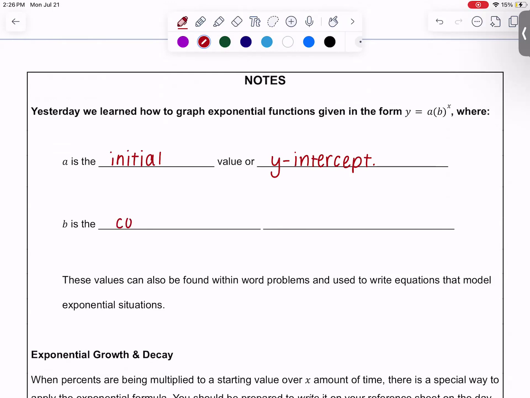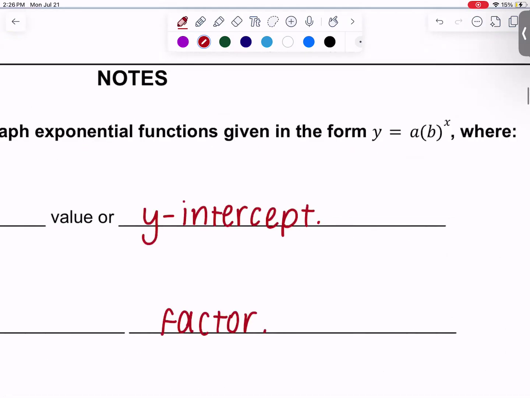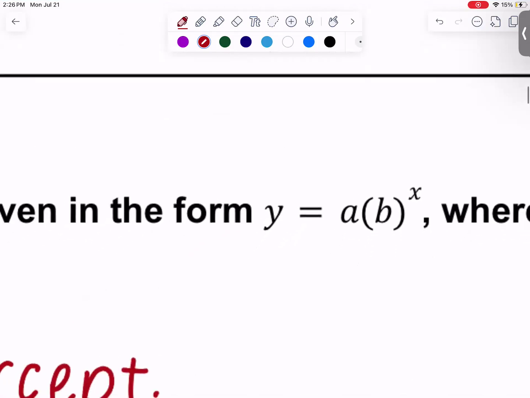B is the common factor. These values can also be found within word problems and used to write equations that model exponential situations. So we can look for A and B within a word problem and write the equation by plugging in A and B into this standard form.